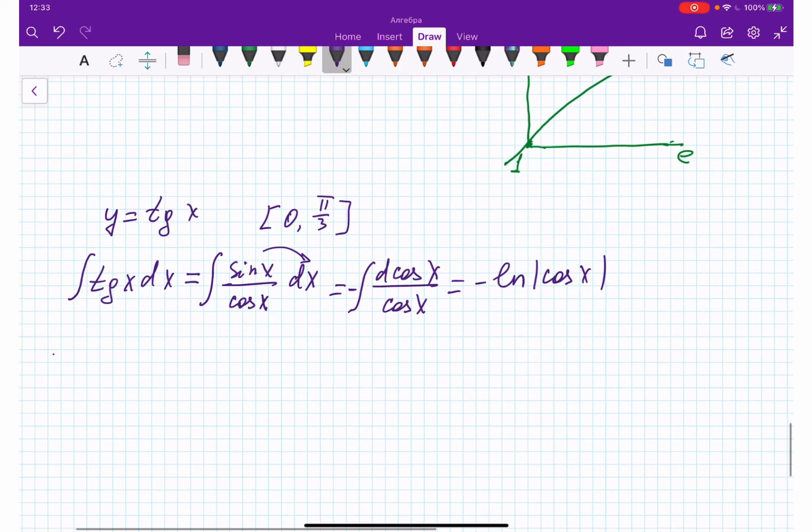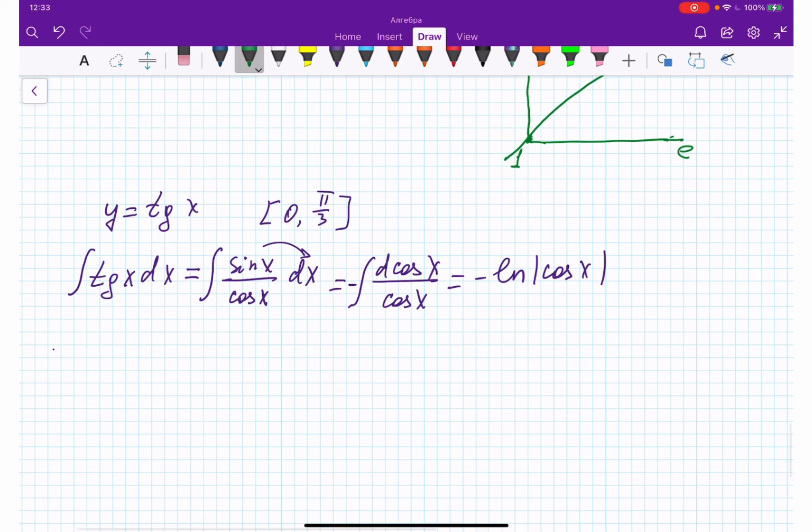Okay, let me see. I would like to draw the graph of tangent x. This is 0.